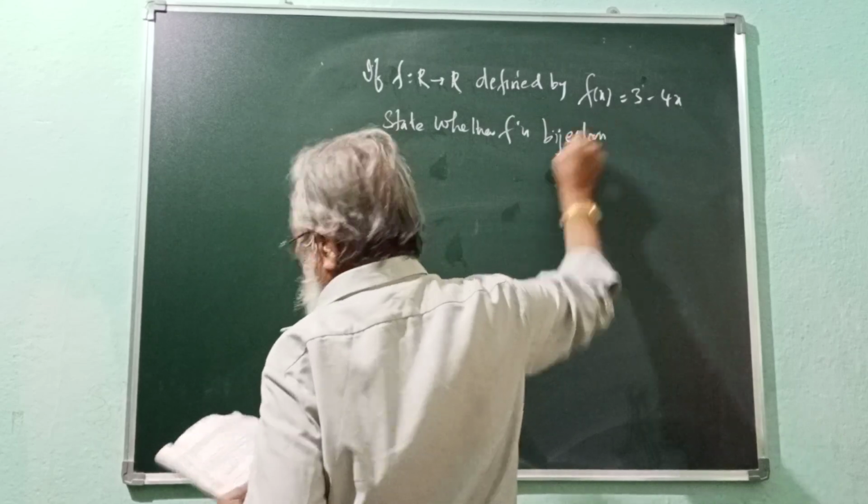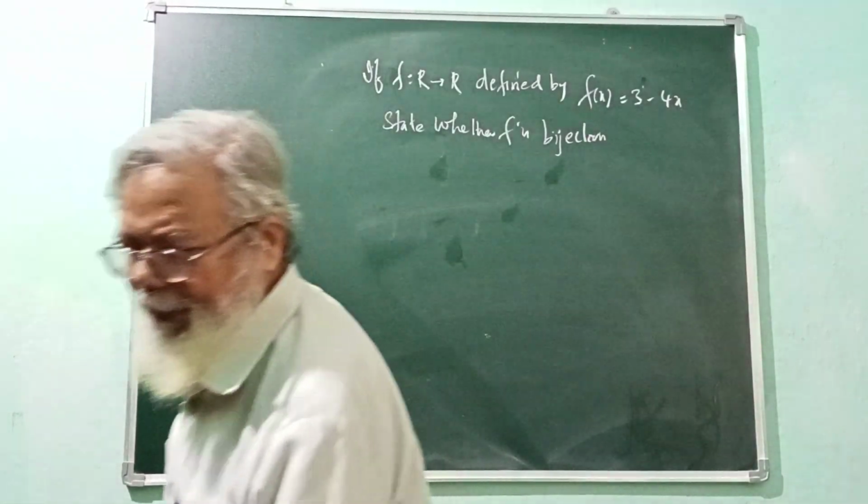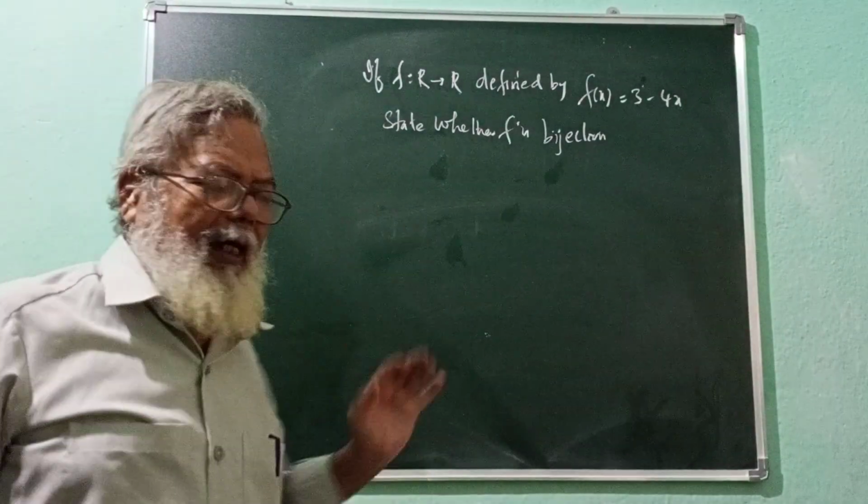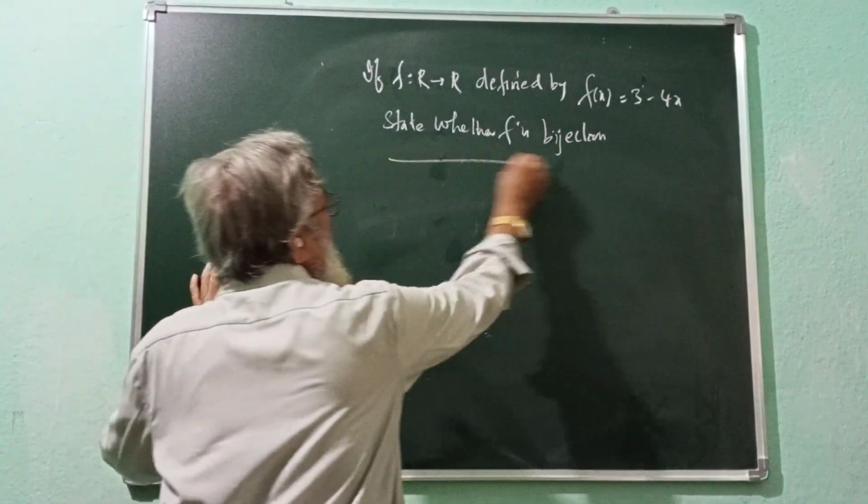So bijection, as we know already, is a function which has the property of both one-one and onto. Let us check first one-one.